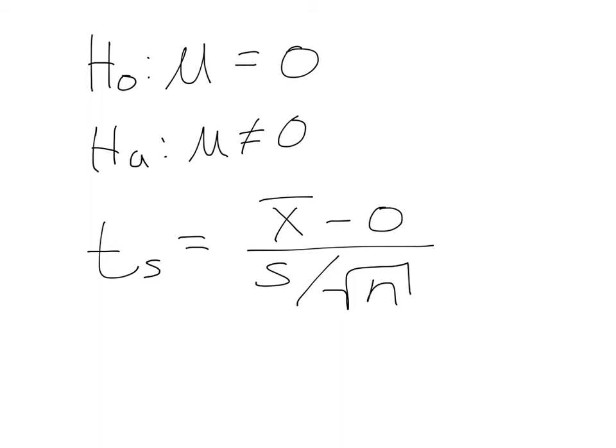In order to use this t-test, we must be making the assumption that our data follows a normal distribution. Or we could be saying that the sample size is so large that, because of the central limit theorem, x bar follows a normal distribution.